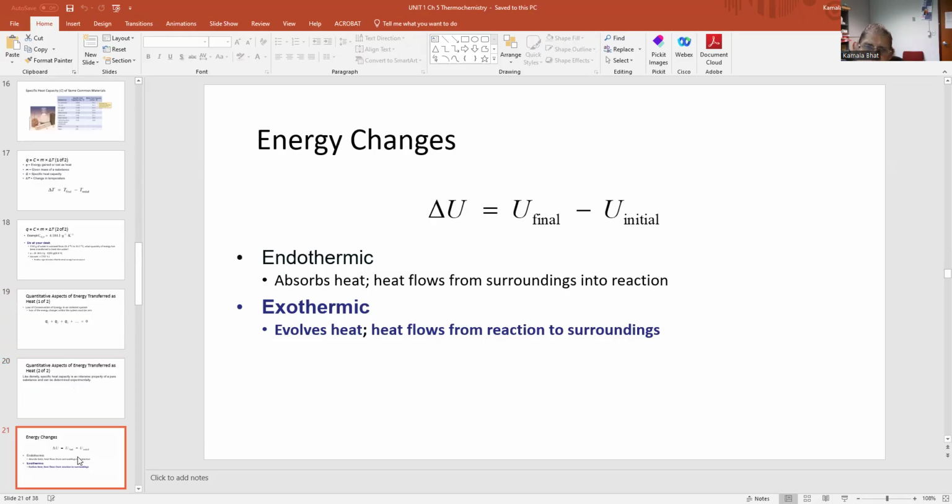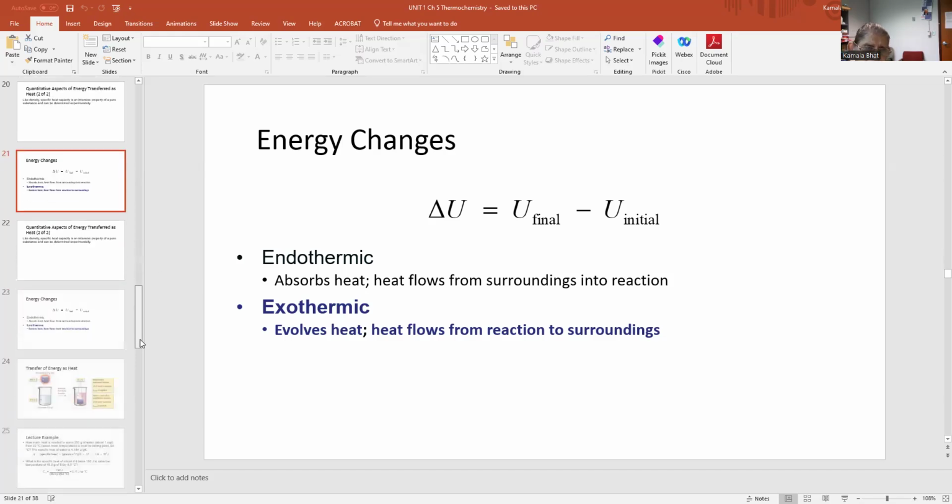Now, the energy change ΔU is equal to U final minus U initial. Endothermic reactions absorb heat. Heat flows from the surroundings into the reaction. In exothermic reactions, heat flows out of the system.